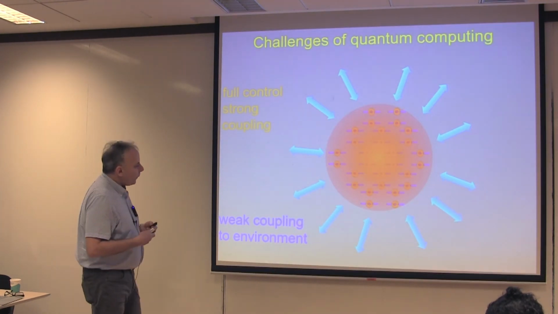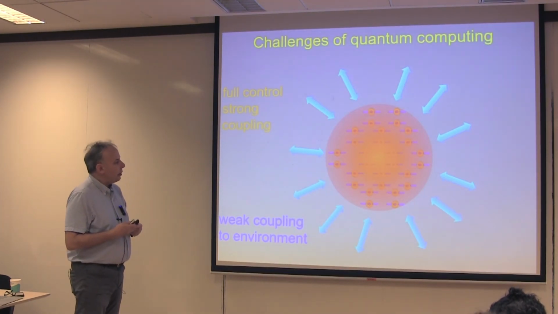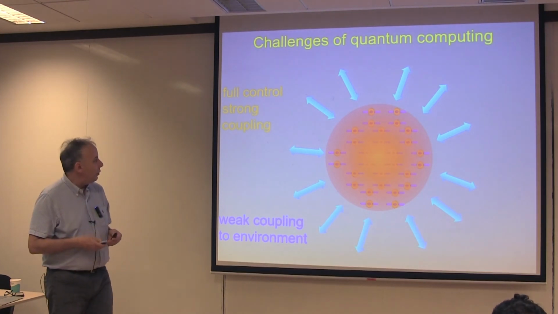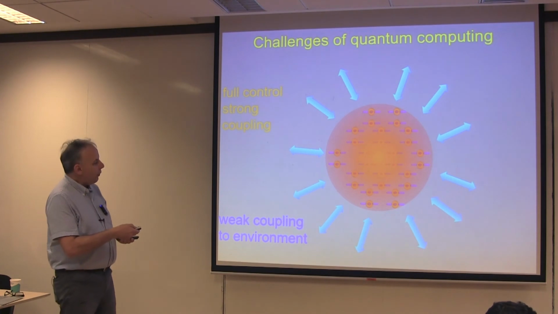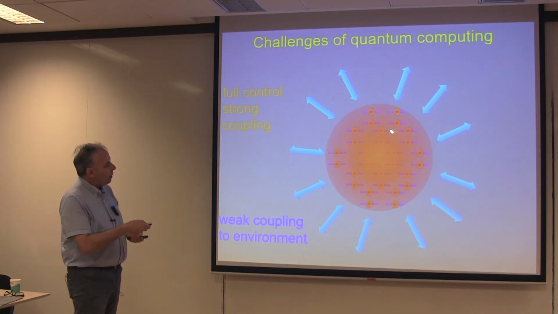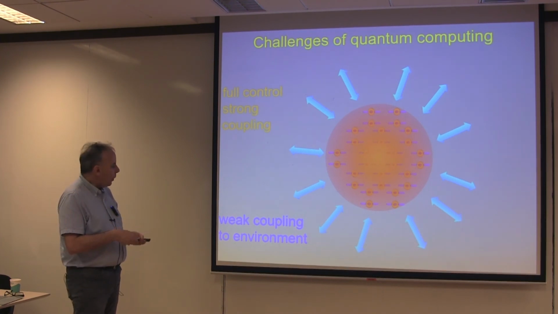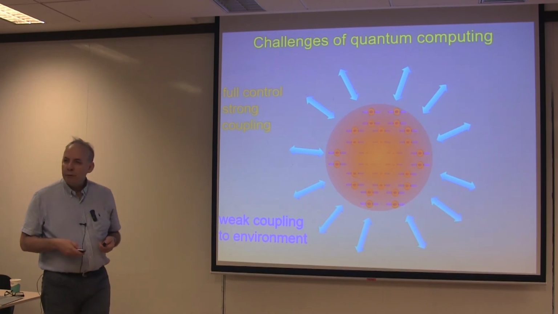And part of that challenge in really implementing this is built into what we're trying to do with quantum computing. On the one hand, we want to have a collection of qubits that are strongly coupled to each other, that we have strong control over, and that are very weakly coupled to the environment. But to implement error correction, we have to remove entropy.